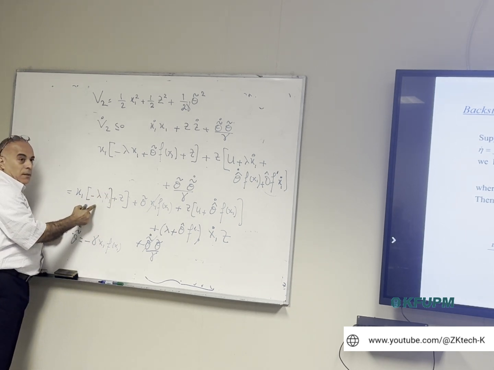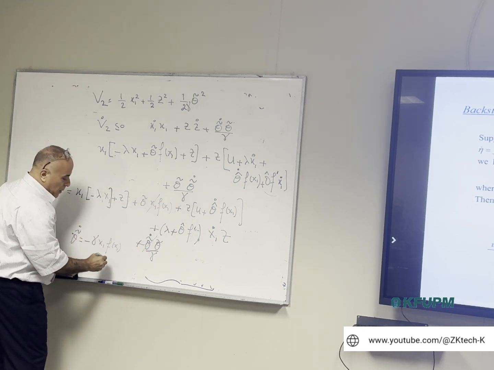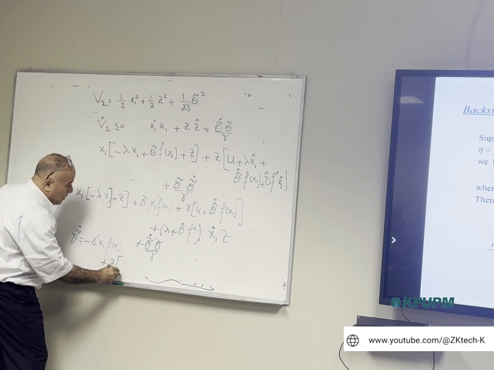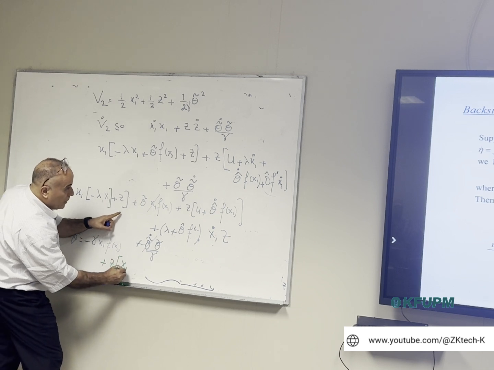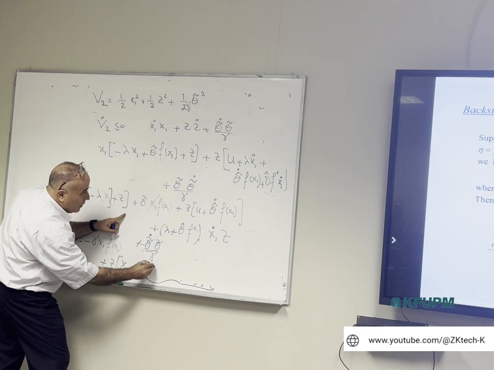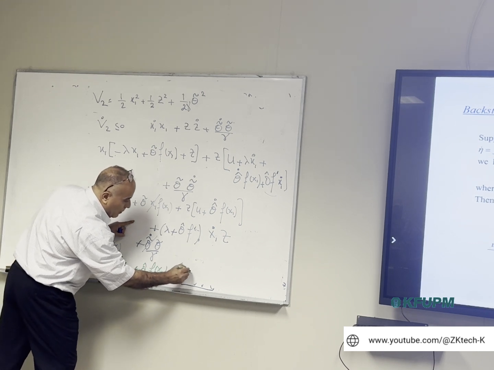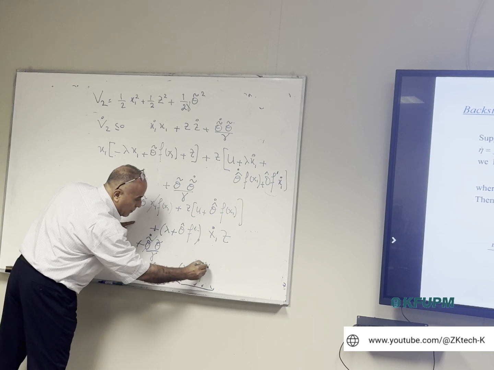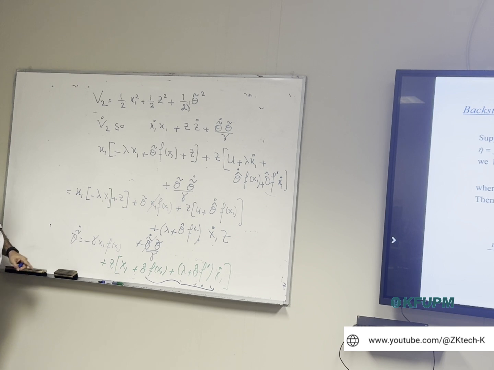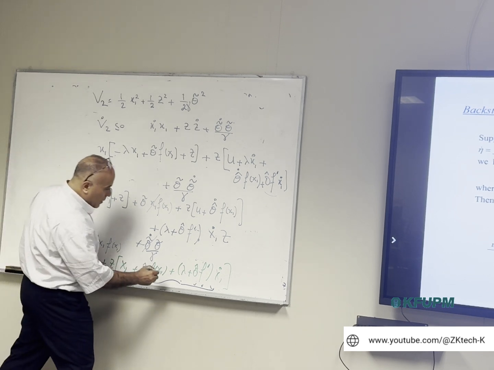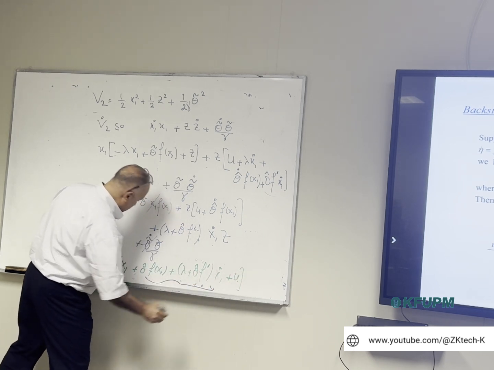So I take z as a factor of everything: plus z multiplied by x1 plus theta hat f of x1 plus lambda plus theta hat f prime, the whole thing multiplied by x1 prime, and there is u missing, plus u, the whole thing multiplied by z.